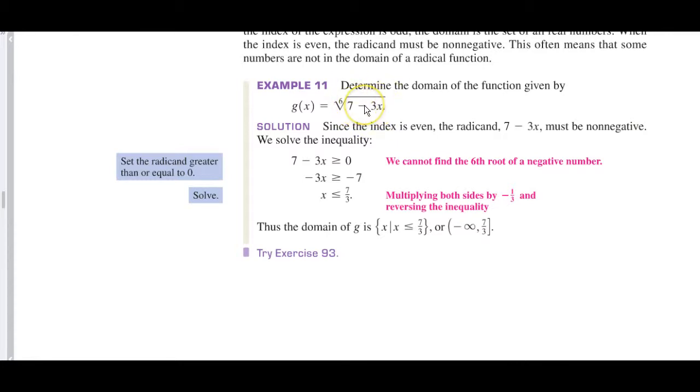And the answer is no. So the technique for solving this, the strategy, would be to say that this radicand is greater or equal to 0. And that's what they're doing. And then you solve it, and you get x is less than or equal to this.